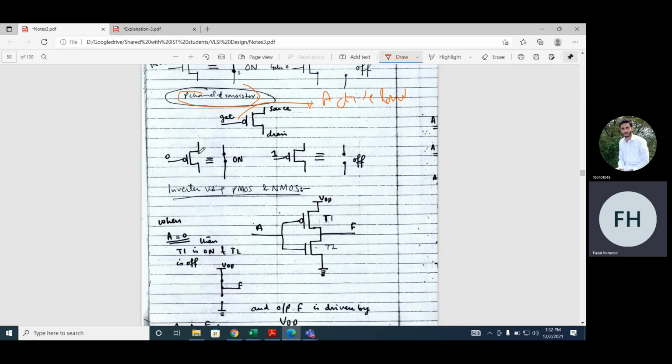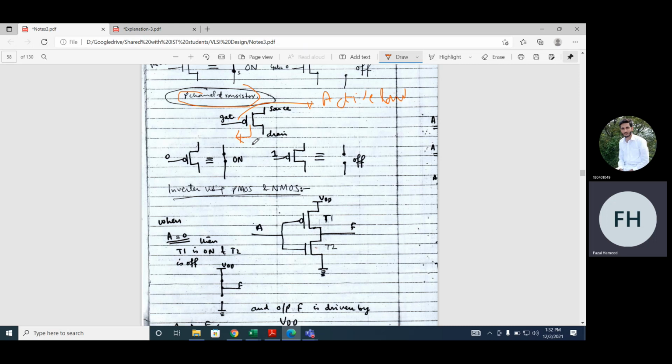So now, if you look at the gate terminal, can you see the space? This is source and drain, and this is some space. Why is there a space here? Between this, there is some insulator. And what is the name of that insulator? Silicon dioxide.